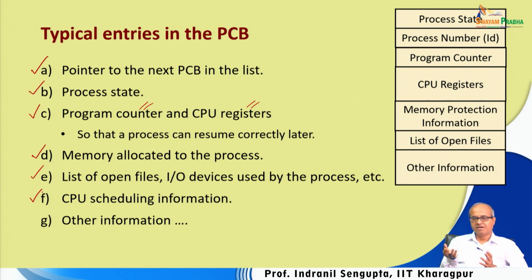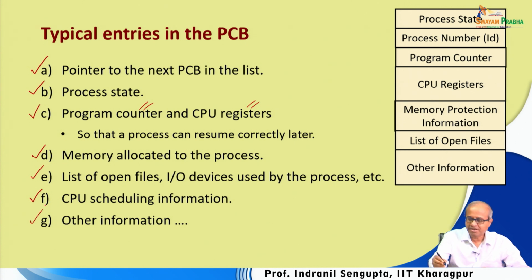Now, there can be a number of different policies, and for those policies to work, you have to maintain some statistical information about the processes. For example, how much CPU time the process has already used, how much is the total waiting time of the process so far, and so on. Based on these, the dispatcher can decide which is the next process that should get the CPU. These are called CPU scheduling information, and of course, any other information can also be there.